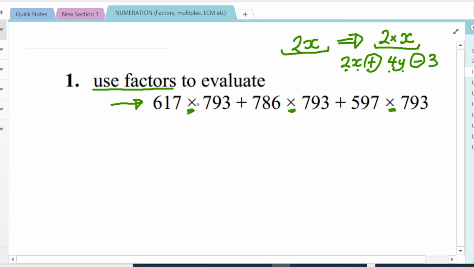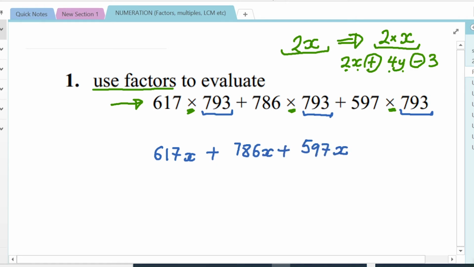From this, you can see that we have a common number here. We have 793, we have 793, we have 793. If I'm to simplify this for you, it's the same as saying 617x plus 786x plus 597x. That's what it means.